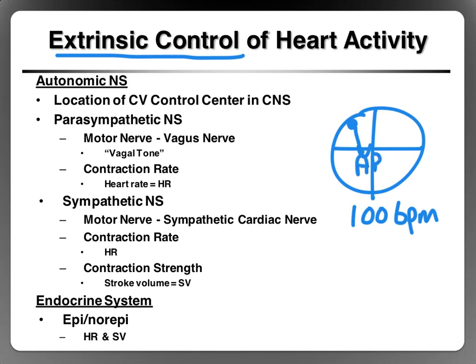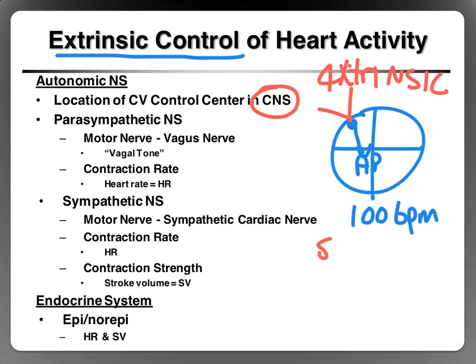But in reality, there are nerves connected to the heart, and that means that we do get some extrinsic control of the heart rate. Coming from outside of the heart, from the CNS, we have impulses coming into the heart that are either going to tell the SA node to slow down.